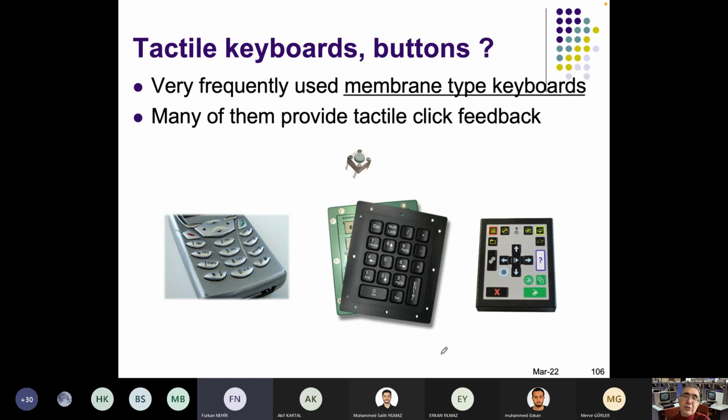In the industrial keyboard, that is quite important. For example, you will enter a dosage for the patient in the hospital. 105, enter.